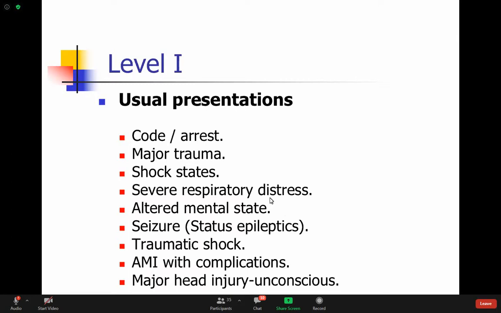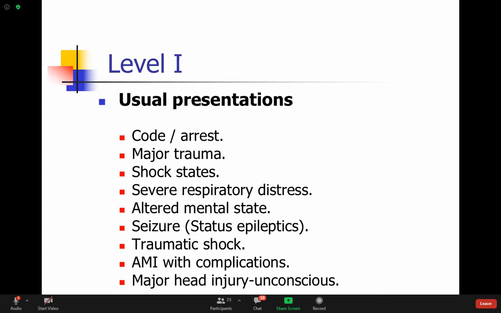Appendicitis is a progressive disease. That's why I'm saying triage is a dynamic process. You may present with appendicitis with just small minor abdominal pain, and then after 2 or 3 days, this appendicitis will get worse and get complicated into a perforated appendix, and then you may go into sepsis and septic shock.